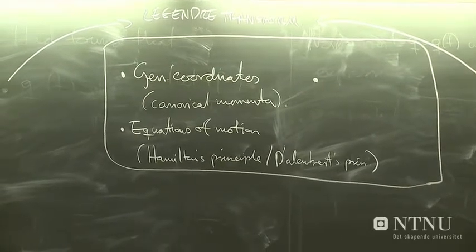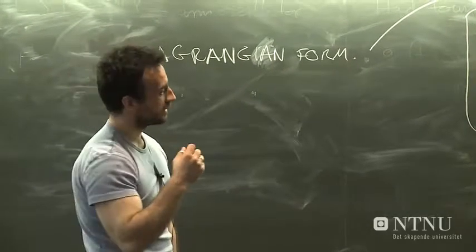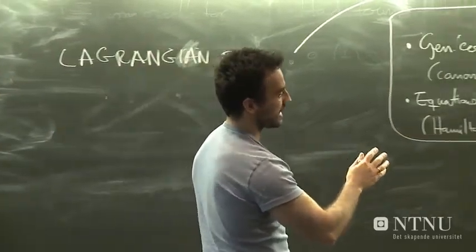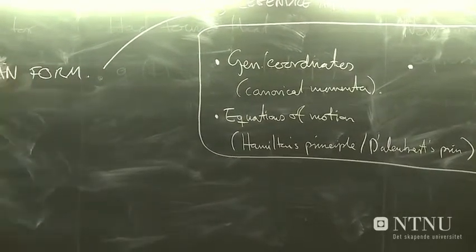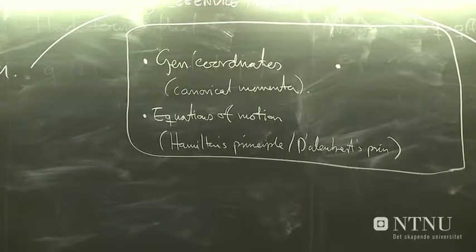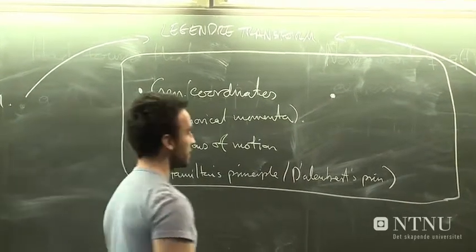What would you list as the third point in terms of an important aspect which is common both for Lagrangian and Hamiltonian formalism? Conservation laws? Yes, conservation laws and symmetries.